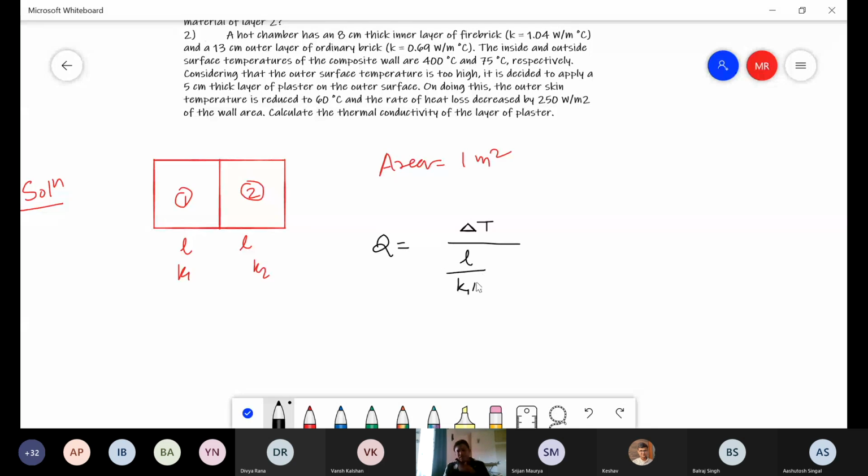Okay, this is the equation, correct? This is the same equation we derived for the composite slab in the last class.